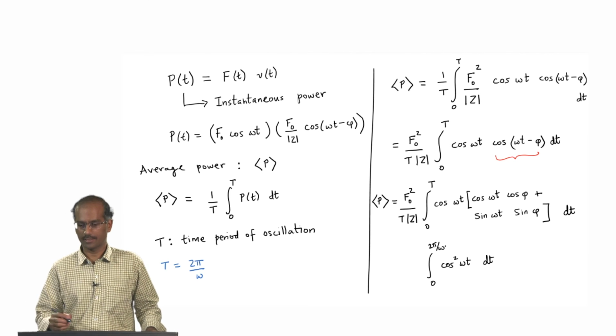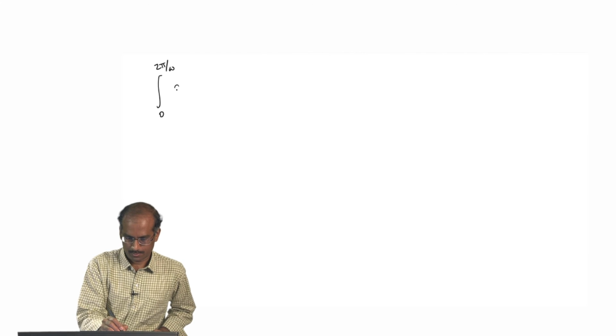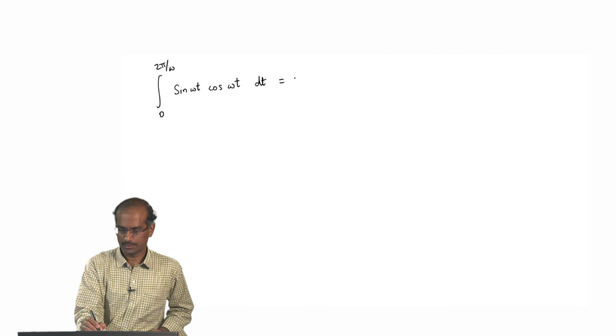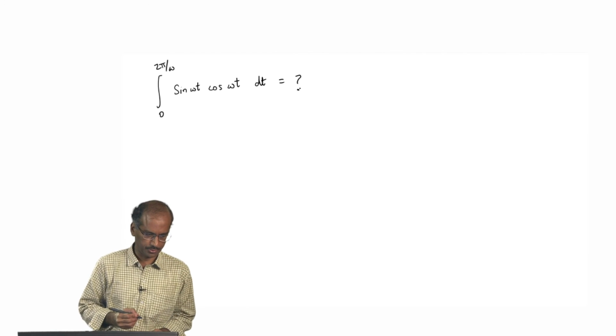So, this is one integral for which we need to know the answer. The second integral for which we need to know the answer is the integral from 0 to 2 pi by omega of sin omega t cos omega t dt. So, this is another integral which we need to do.